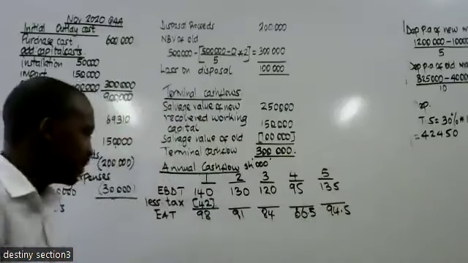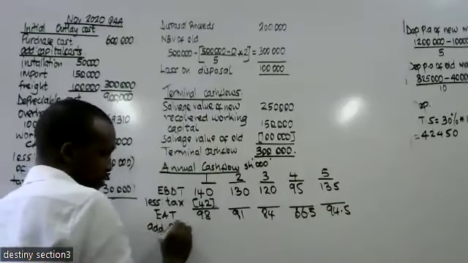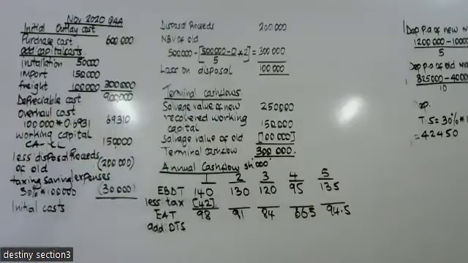But what else do we have? You have your earnings after tax. So the next thing we have to add is our depreciation tax shield. Get for me the depreciation tax sheet.